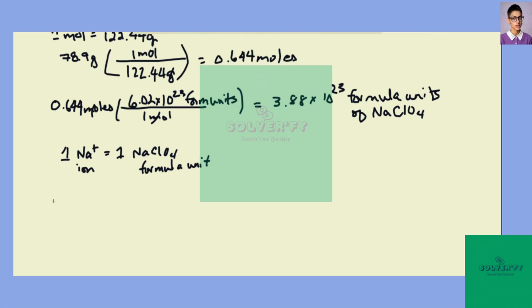So if I have 3.88 times 10 to the 23rd formula units, I will also have the same amount of sodium ions.